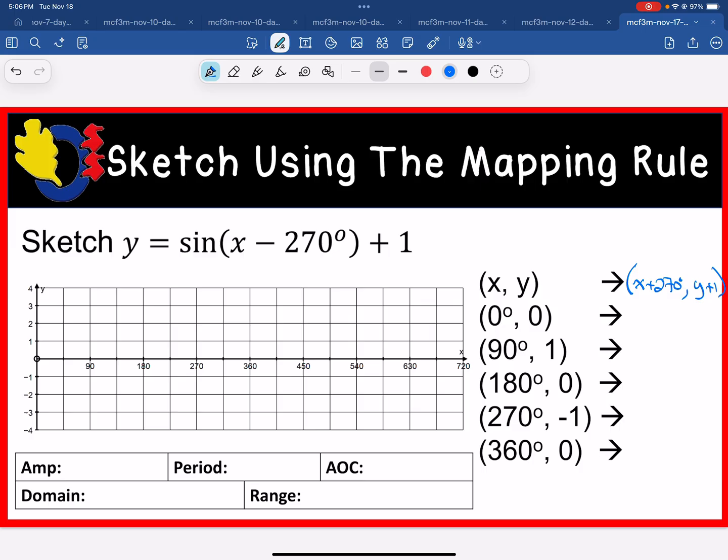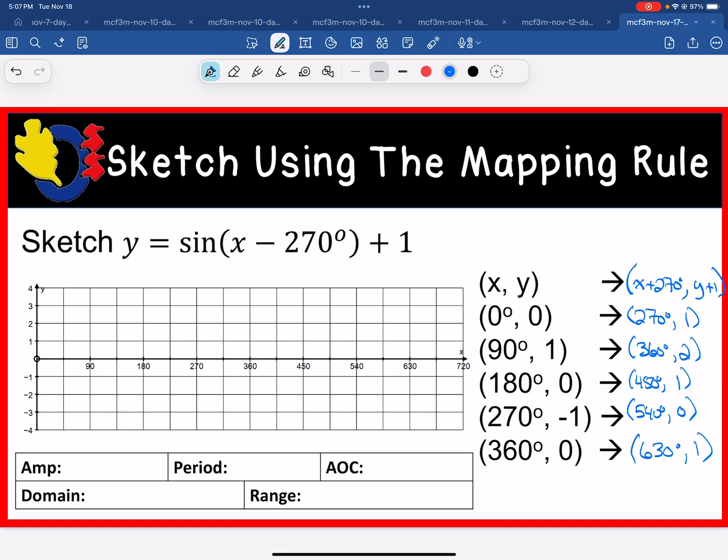So 0 plus 270 is 270, and then 0 plus 1 is 1. 90 plus 270 is 360, 1 plus 1 is 2. 180 plus 270, 450. 0 plus 1 is 1. 270 plus 270 is 540. Negative 1 plus 1 is 0. 360 plus 270 is 630 and 1.